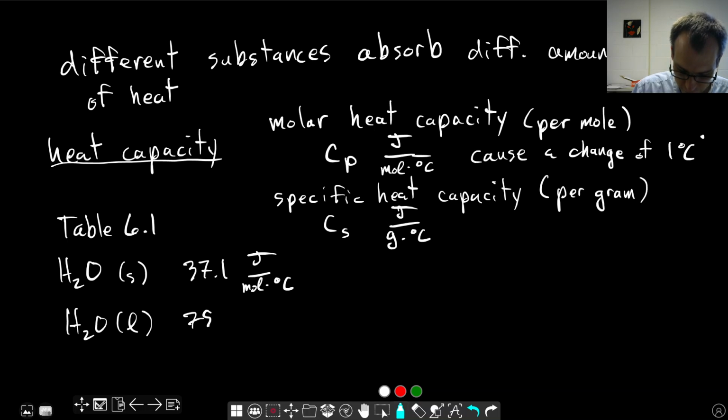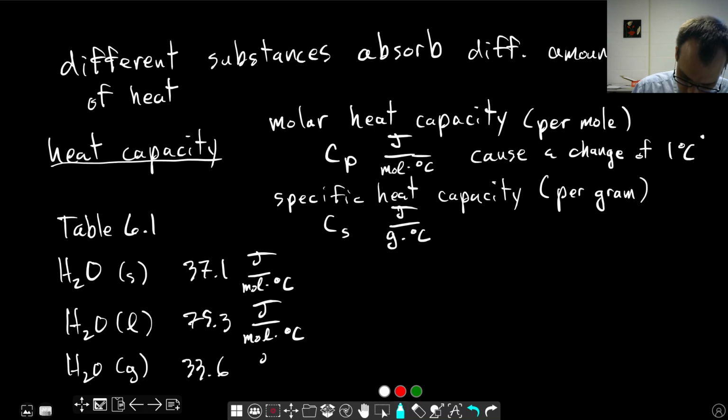It's 75.3 joules per mole times degrees Celsius. And then gas phase water, water vapor, has a lower heat capacity again, 33.6 joules per mole times degrees Celsius. So what these values mean is that it takes 37.1 joules of energy to heat 1 mole of solid water, ice, up by 1 degree Celsius.